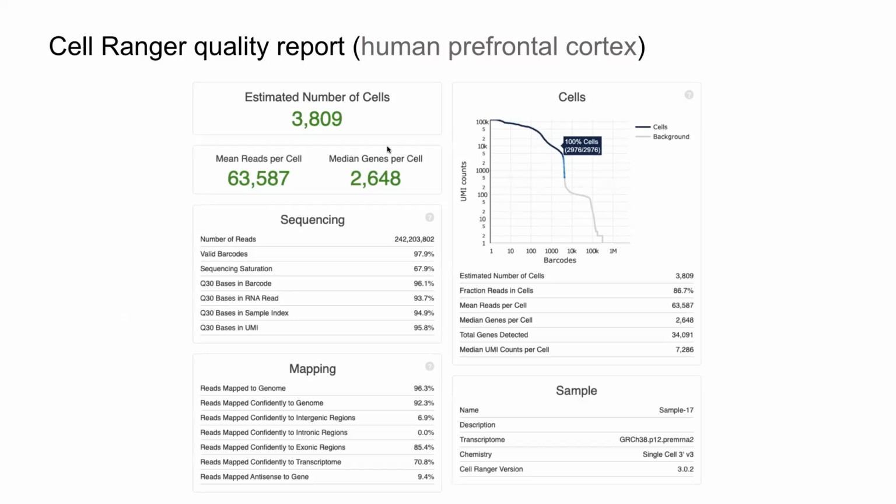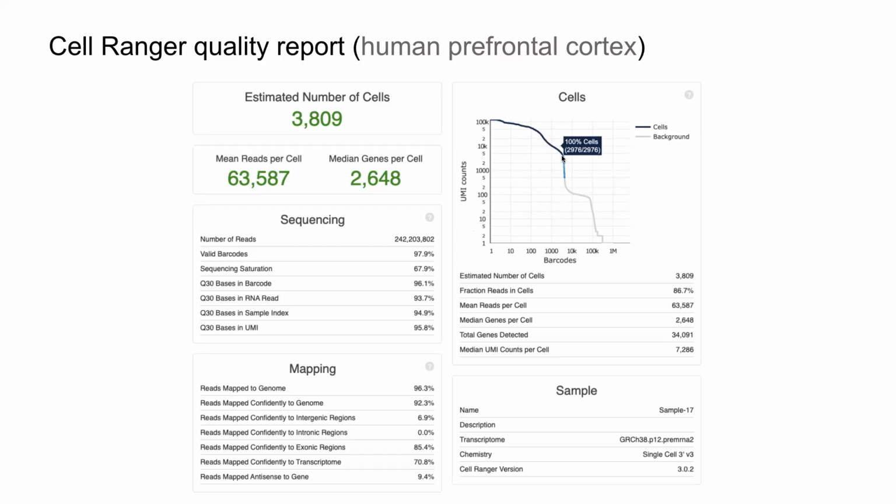What else? This plot on the upper right is the barcode rank plot, or the knee plot. On the x-axis is the barcode, and on the y-axis is how many UMIs, so they're sorted by UMIs. This is a logarithmic scale on the x-axis. You can see why it's called a knee plot: if this is the leg, this is a knee, and this is your calf, there's a clear inflection point.